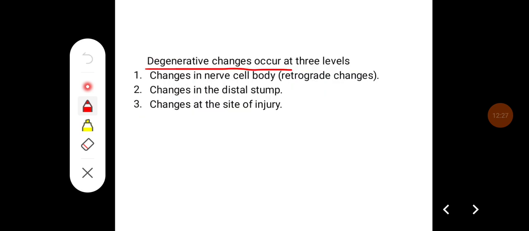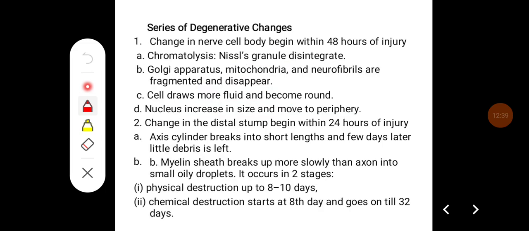The degenerative changes occur at three levels: changes in the nerve cell body, changes in the distal stump, and changes at the site of injury.